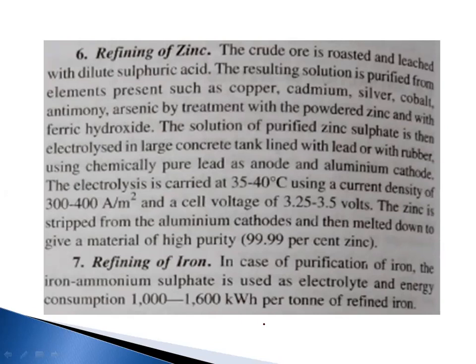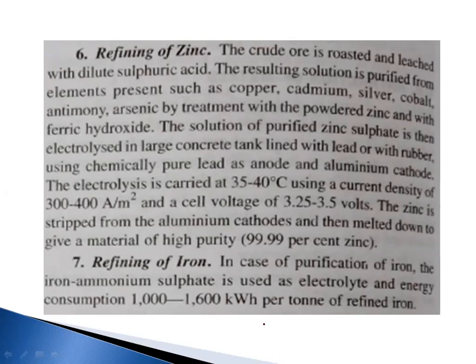The resulting solution is purified from elements present such as copper, cadmium, silver, cobalt, antimony, arsenic by treatment with powdered zinc with ferric hydroxide. The solution of purified zinc sulfate is then electrolyzed in large concrete tanks lined with lead or rubber, using chemically pure lead as anode and aluminium cathode.